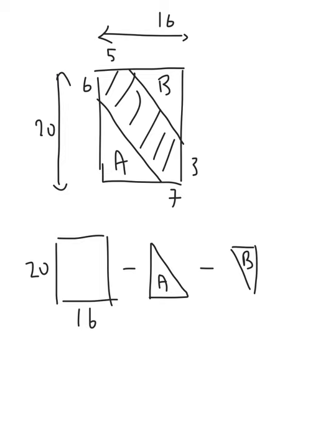So if this little bit is 7 and the whole thing is 16, then this bit must be 9, so the base of that is 9. And if the whole height is 20 and that tiny bit is 6 up here, this bit here must be 20 minus 6, which is 14.